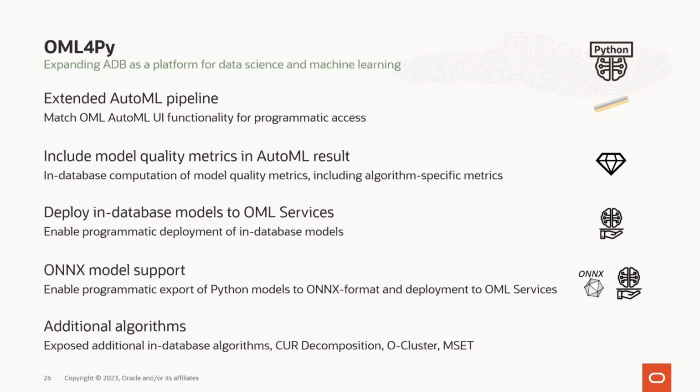AutoML for Pi will also enable programmatically deploying in-database models, and later ONNX format models, to AutoML services. And this helps Python developers to seamlessly script their modeling workflow for real-time and streaming applications. There are also a few more in-database algorithms we plan to expose through the Python API to achieve greater parity between the SQL, R, and Python APIs, as listed here.